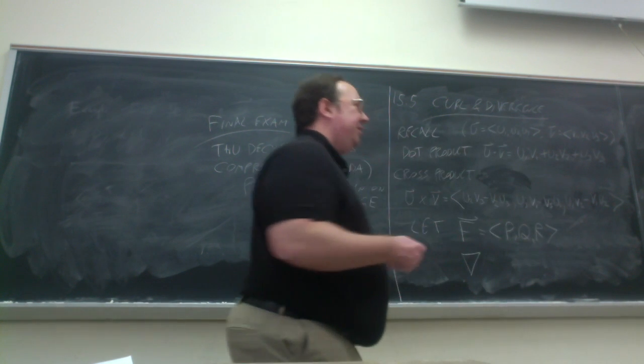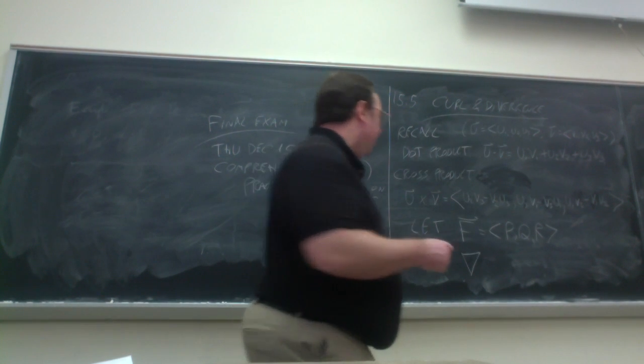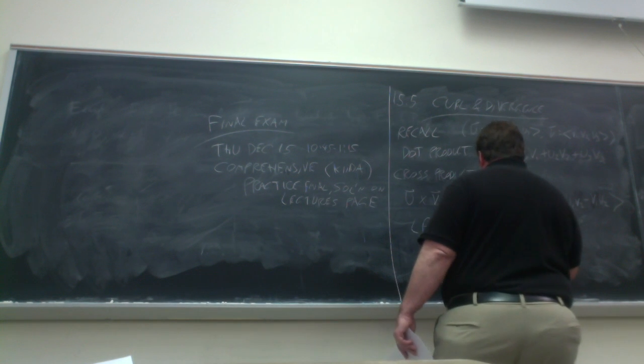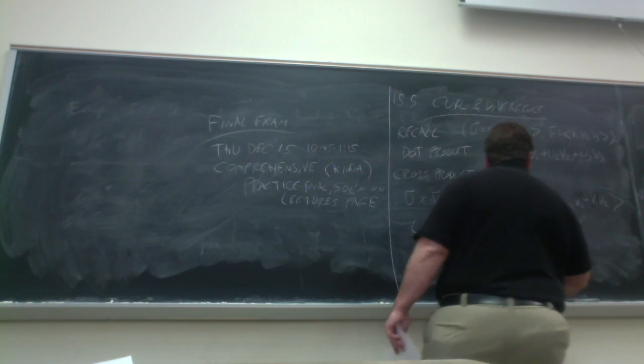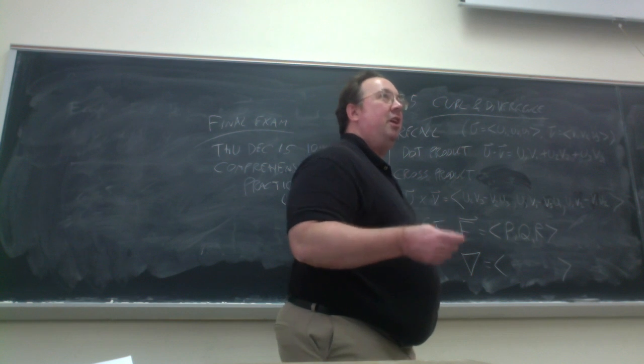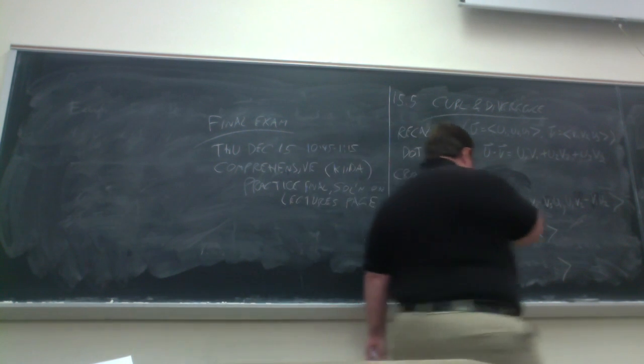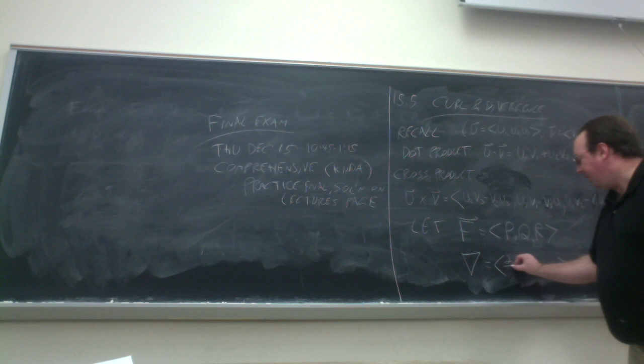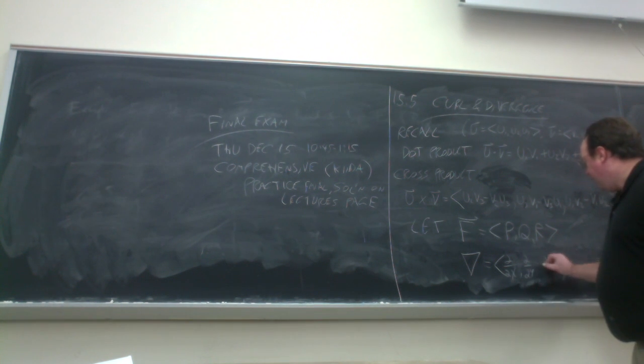It's an upside down delta, like a gradient symbol. And its components are not functions. They're actually partial differentiation operators. So we have partial with respect to x, partial with respect to y, and partial with respect to z.